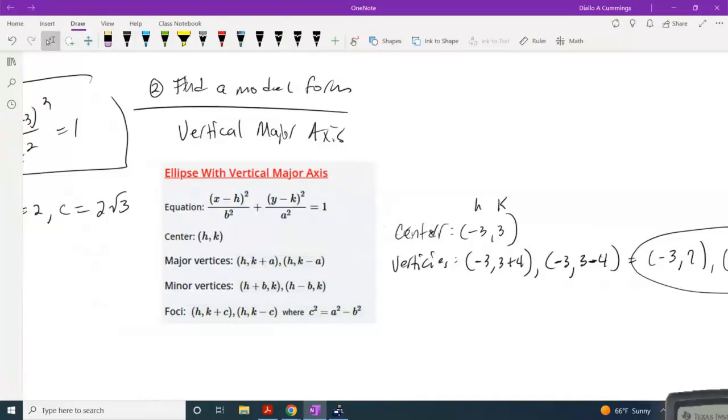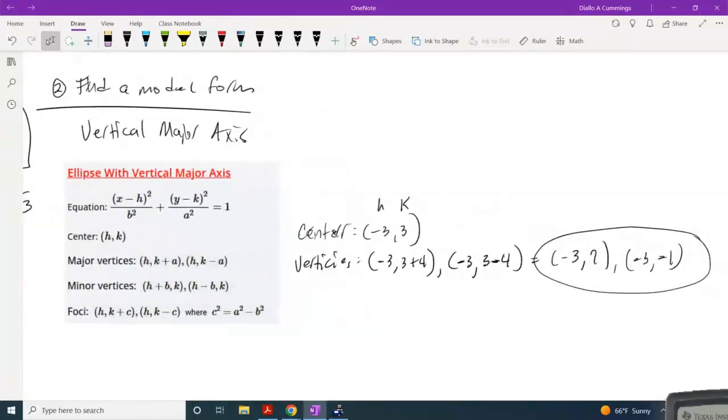We can find our minor axes in the same manner. Just follow the formula. So the minor axis formulas are H plus B, comma K. So we found that H is -3.